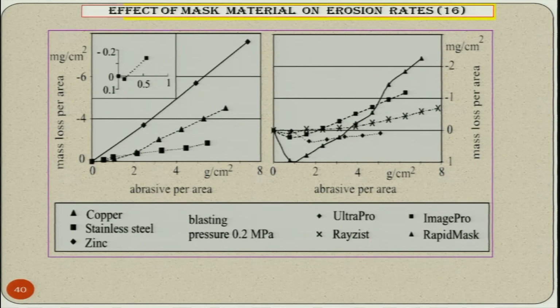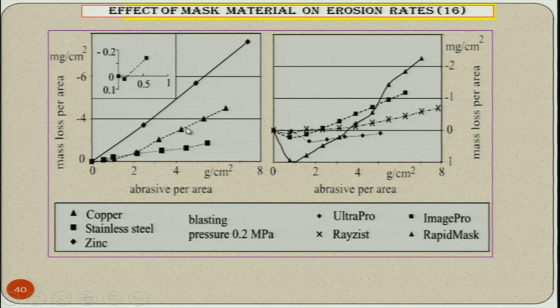So, you can clearly see that as the properties of the workpiece material are changing, the mass loss per area is also changing. Harder the workpiece material, lower will be the mass loss per unit area, and that is what you can see here. Stainless steel has the lowest one, and zinc has the maximum one, which is the softest of all the three, and copper is in between.